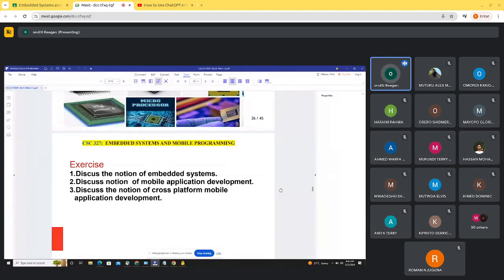You'd also need to discuss the notion of cross-platform mobile application development, whereby we said yesterday that you can have one application that cuts across all the mobile devices. It can run on Mac, it can run on Windows, it can work on Arduino, it can work in HTML environments, and so on. So I would want you to take your time, do these exercises, and read more about them to help you understand clearly what embedded systems and mobile programming are all about.